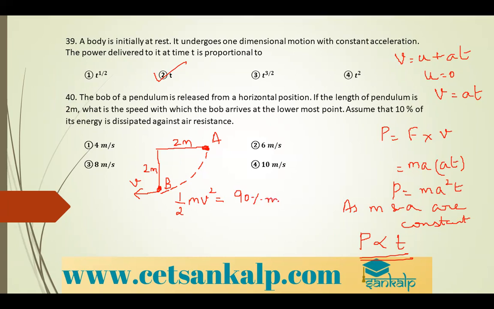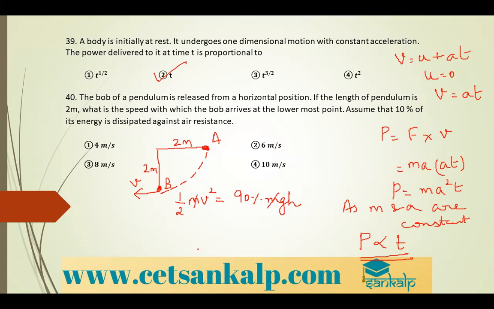90% of potential energy. In the last class, I think the same kind of problem we did. Kinetic energy is equal to potential energy. So here 90% of potential energy is equal. From this I can write, M and M get cancelled.